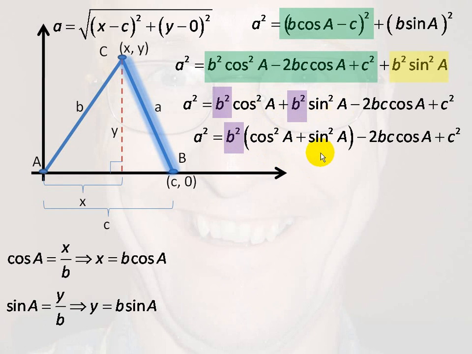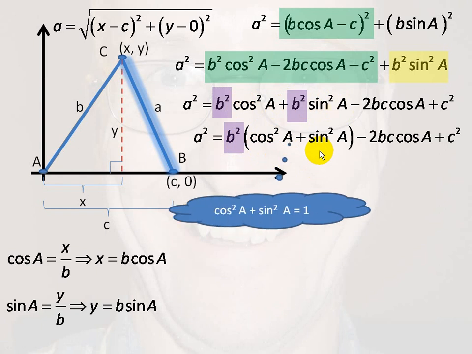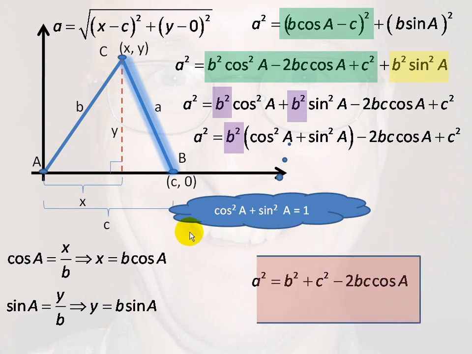And then just make the substitution that cosine squared A plus sine squared A equals 1. And now we have this: a squared equals b squared plus c squared minus 2bc cosine A. This is the first part of our law of cosines. Now, it's not the only part, but it's the part that I'm going to derive for you, and then by a similar process you can get the other parts.